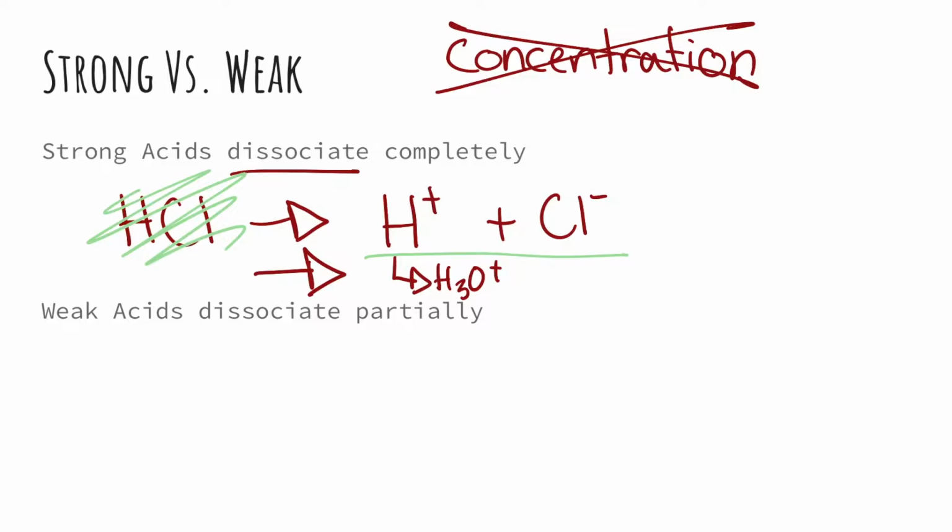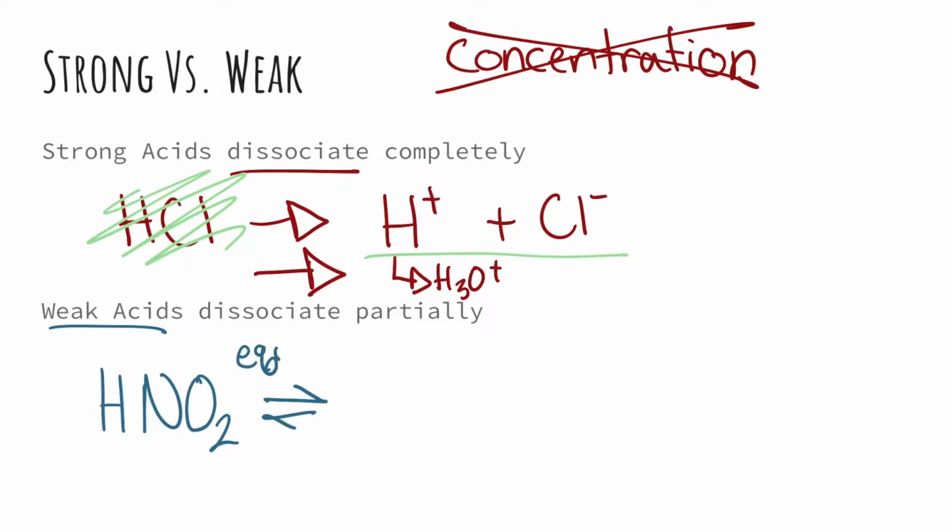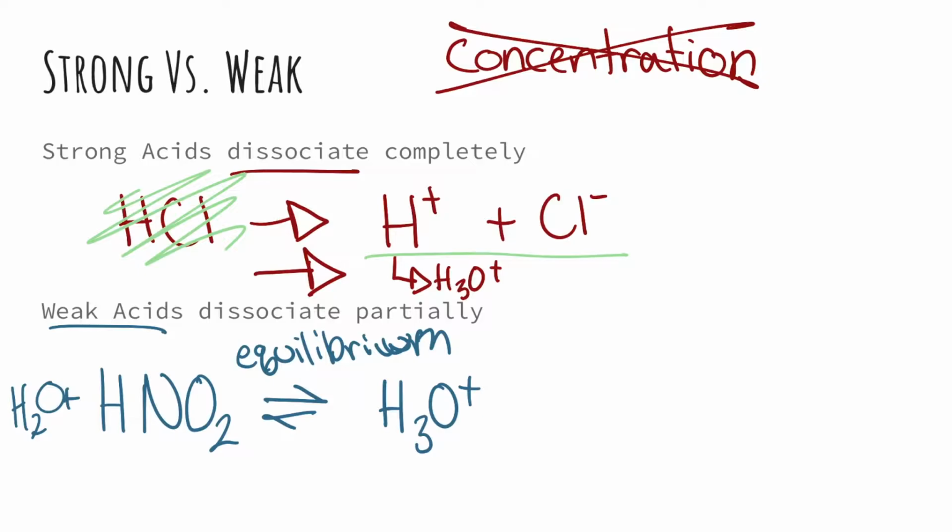Whereas with a weak acid, so we're going to use HNO2, this is actually going to be written with equilibrium arrows because it's an equilibrium reaction of sorts. So if I add HNO2 to water, some small portion is going to turn into H3O+ and NO2-. But actually, if you look at the equilibrium constant, it favors this side of the reaction.